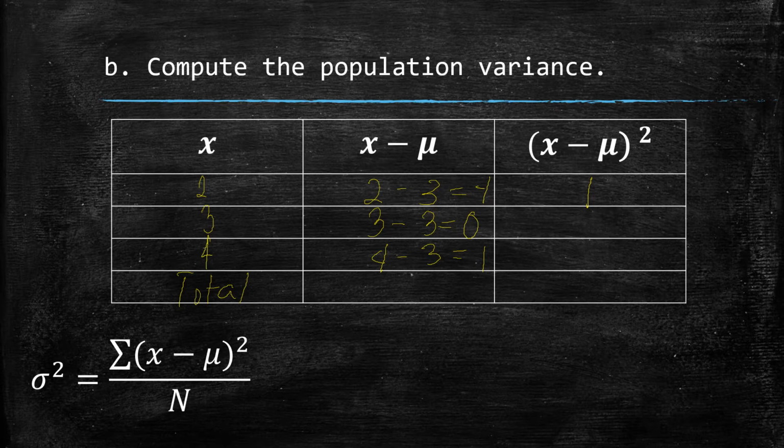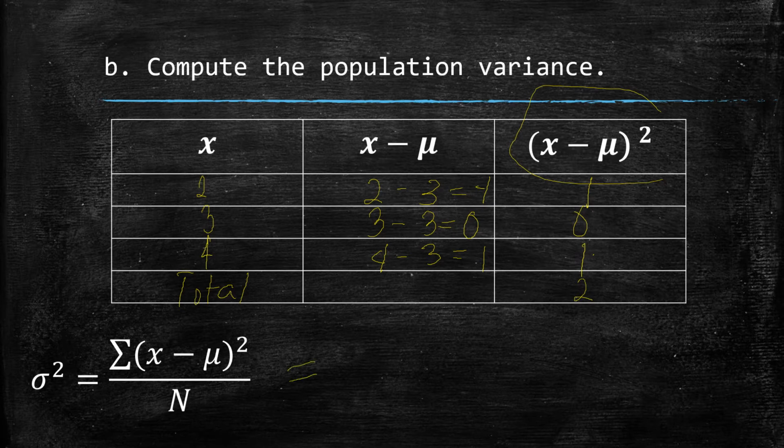You have 0 squared, that's 0. 1 squared is 1. Okay, next, based on your formula, you need to get the sum of this. So that's why I leave a row here. So you're going to get its sum. So you have 1 plus 0 plus 1, so that is 2.